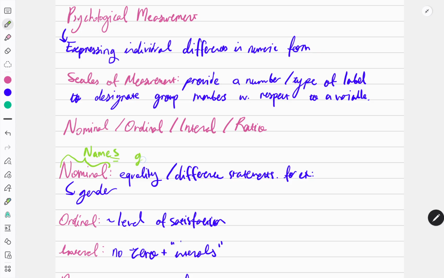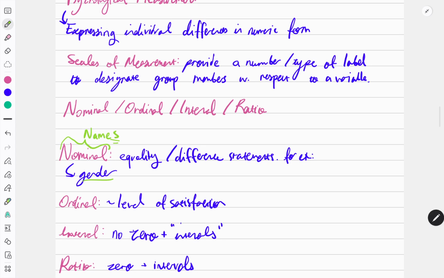So it could be like gender, female or male, or it could be what's your education level, etc. So it's equal, and it's just based on differences.